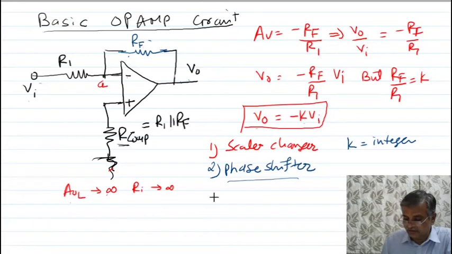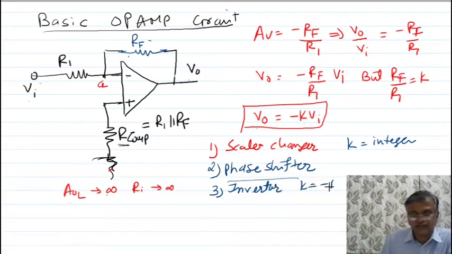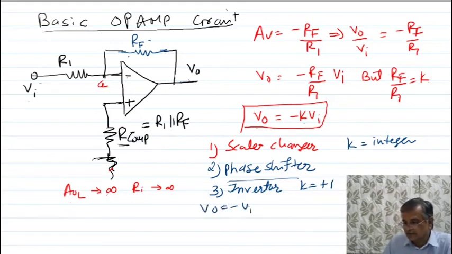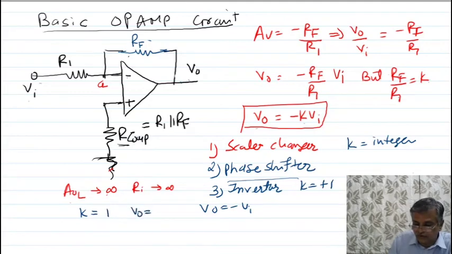Third is an inverter. The same circuit you can use as an inverter if you take K equal to 1. But here I have written Rf by R1 is K. So if K is equal to 1, means Rf by R1 is equal to 1, then you will get VO is equal to minus Vi.